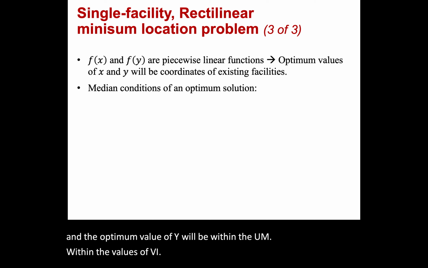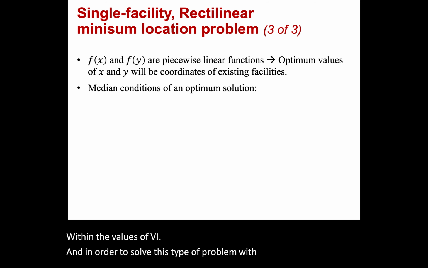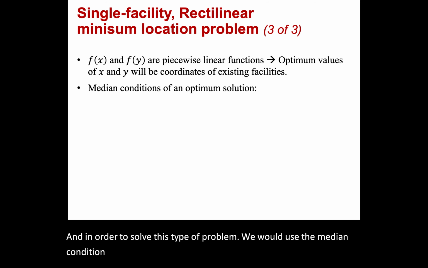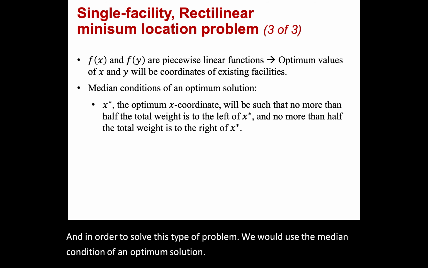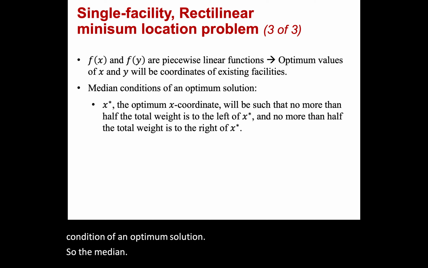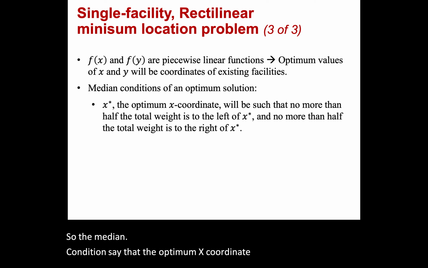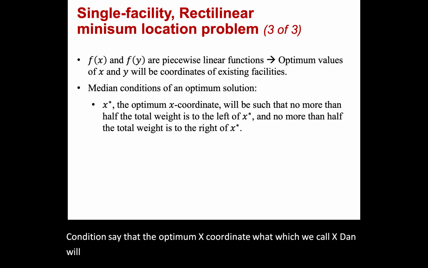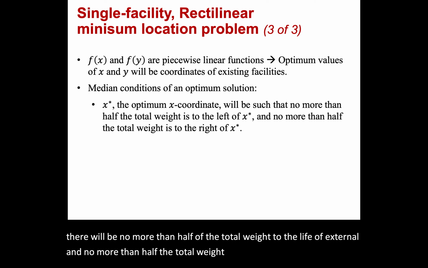And in order to solve this type of problem, we will use the median condition of an optimum solution. So the median condition says that the optimum x coordinate, which we call x star, will have no more than half of the total weight to the left of x star and no more than half of the total weight to the right of x star.